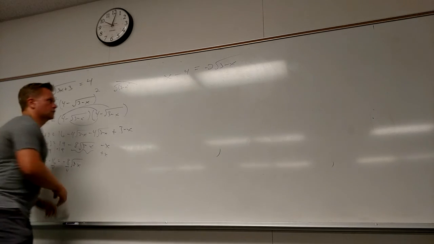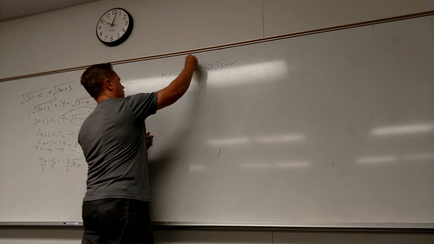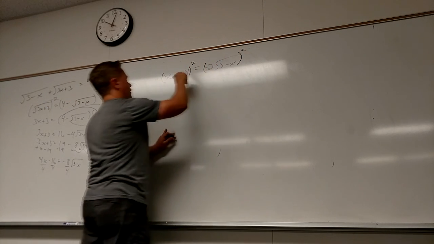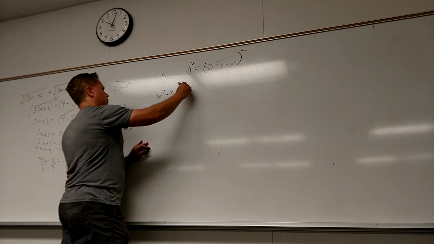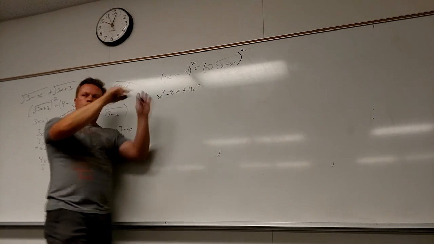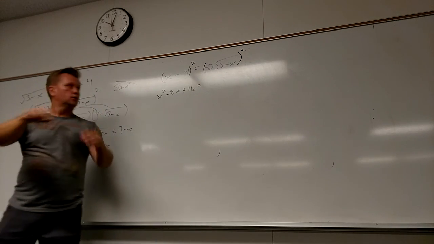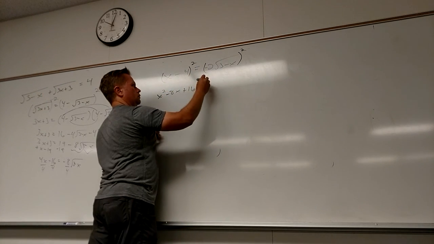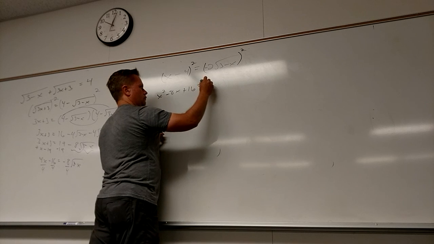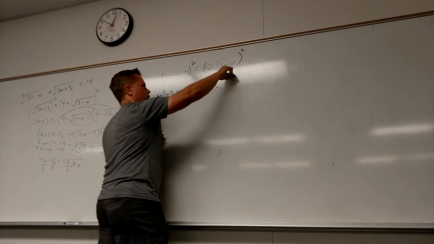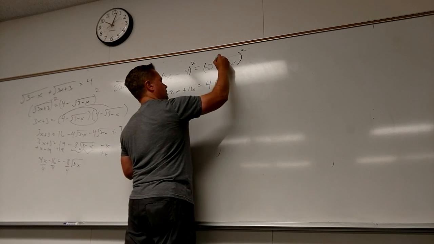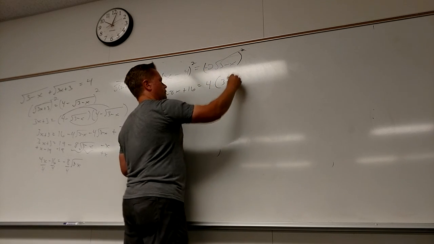So if I square both sides, over here I'll get x squared minus 8x plus 16. If I write it twice, FOIL it out. And over here, what's negative 2 squared? 4. And what's the square root of 3 minus x, squared? 3 minus x. I like it.